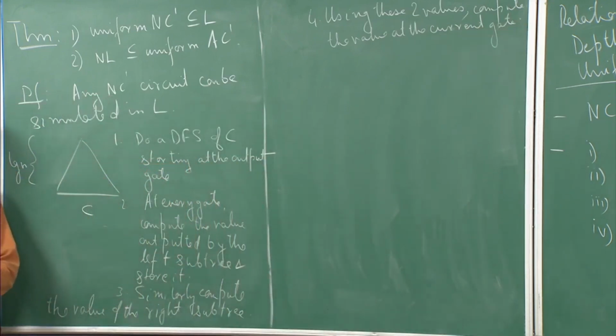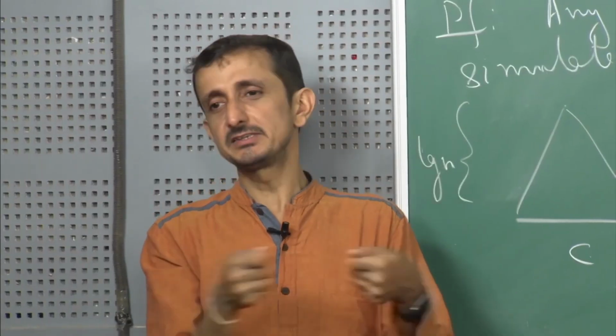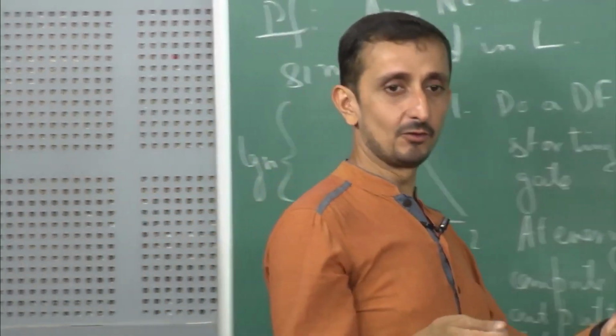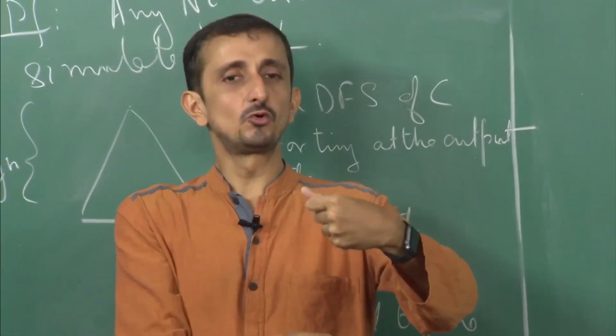So, essentially observe what are the things that we are storing. At any gate, essentially what we have stored is the path that I have taken to reach that gate. What is a path? A path is just a sequence of left and right. From the parent, which edge am I choosing to go to the next child?